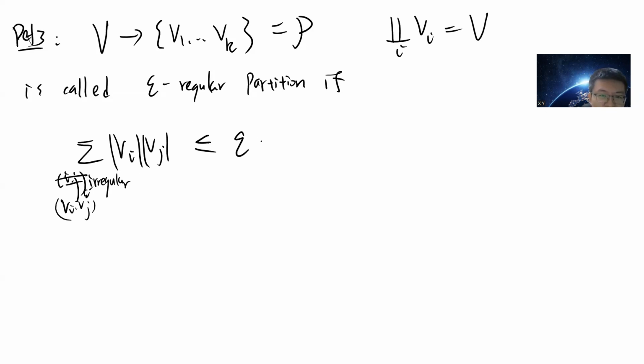It should not be so large: it should be less than epsilon times the number of vertices squared.